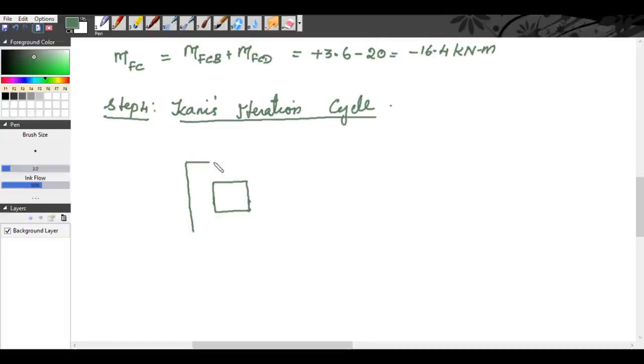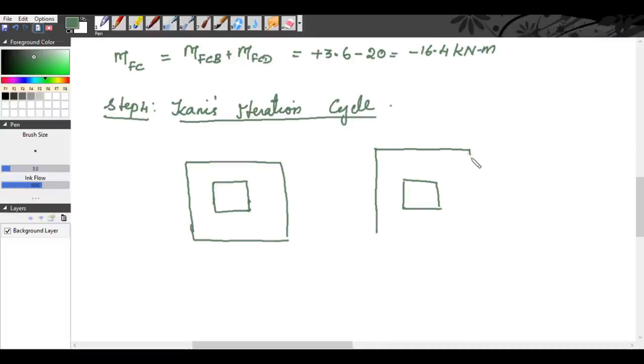One small box and one big box for joint B, and one small box and one big box for joint C. So this is joint B, joint C. You can have joint A here and D here.